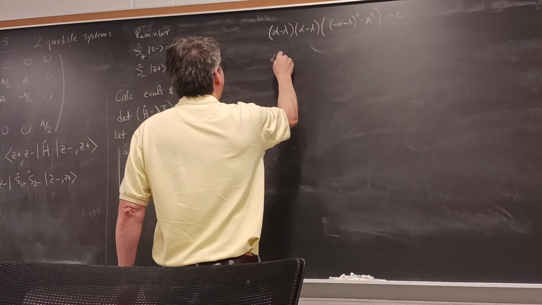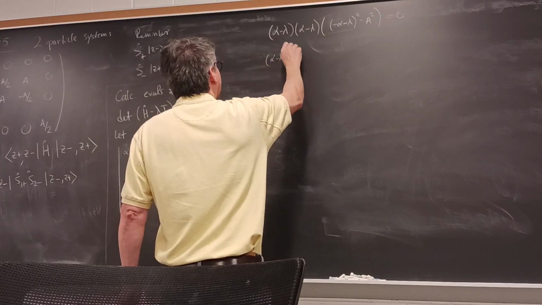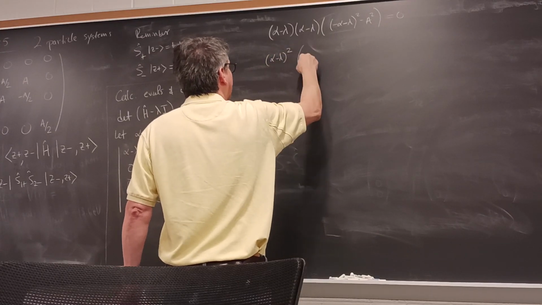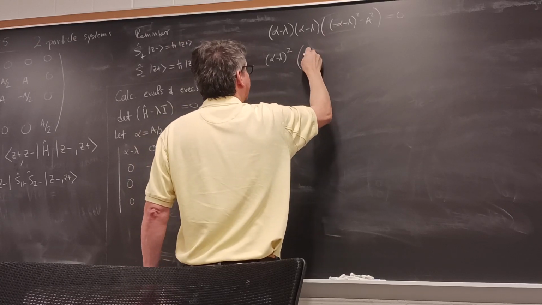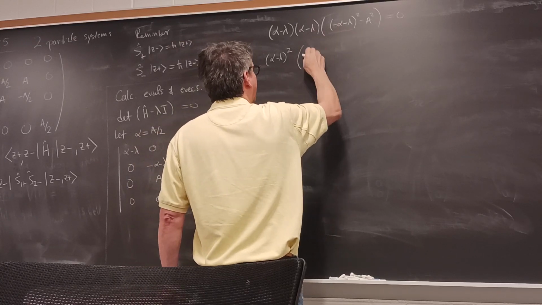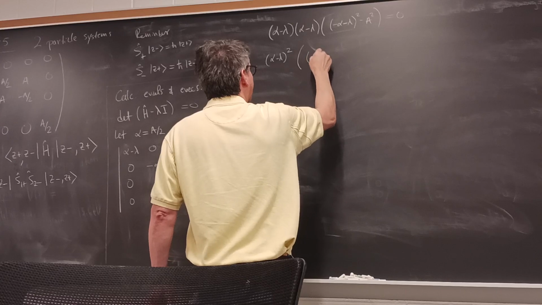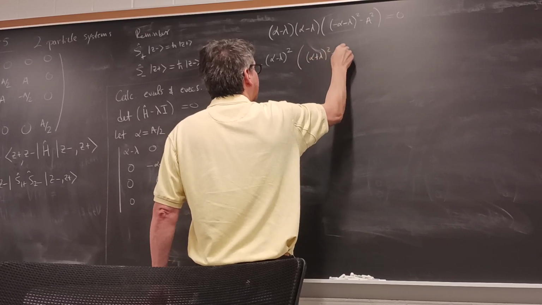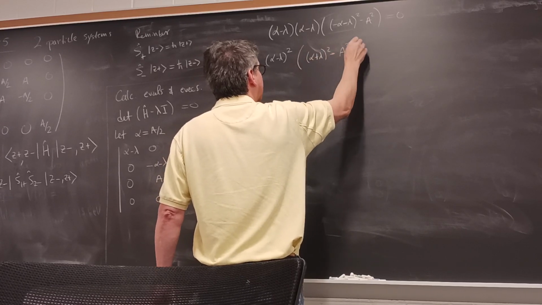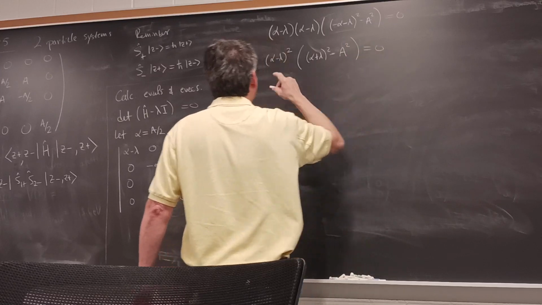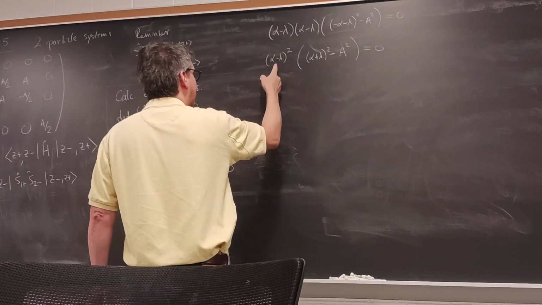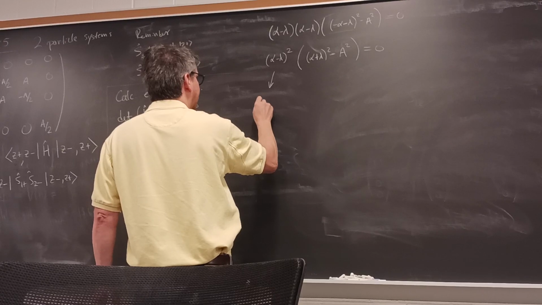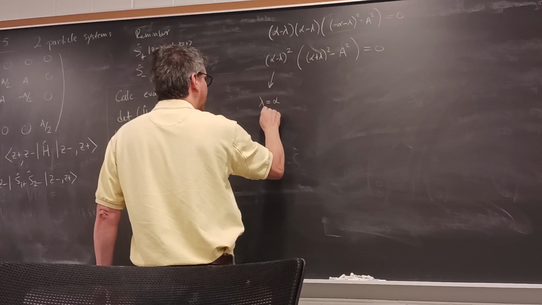So we have alpha minus lambda quantity squared times, I can pull out a minus out of there completely. This will just be alpha plus lambda squared minus a squared. So this means that one solution is lambda equals alpha twice.